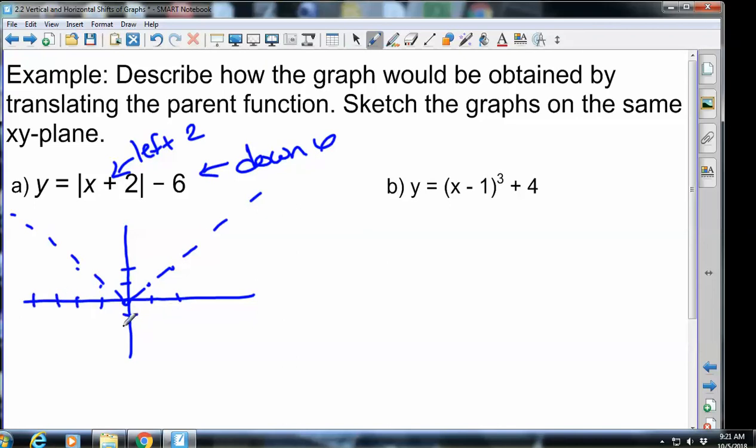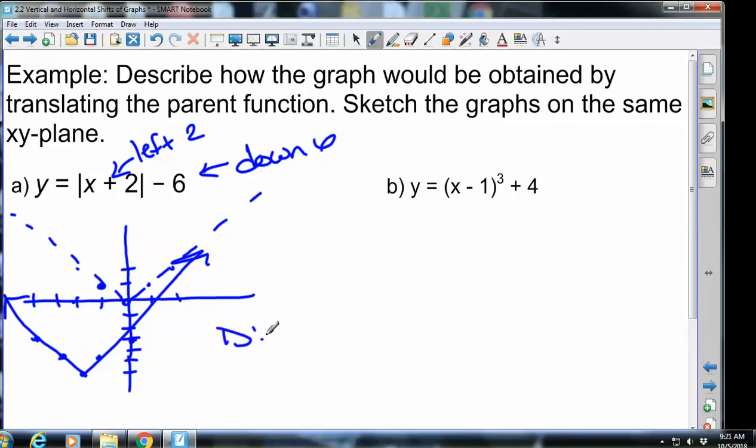Okay, so for each point I have, I'm going to go left and down. So left 2, down 6, for all of my points. Okay.